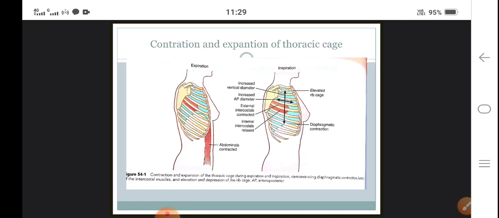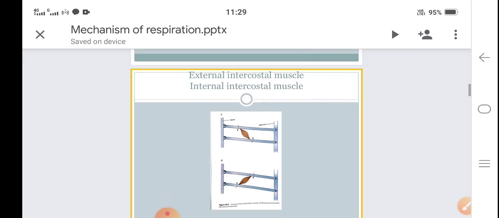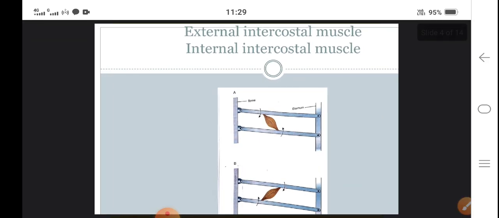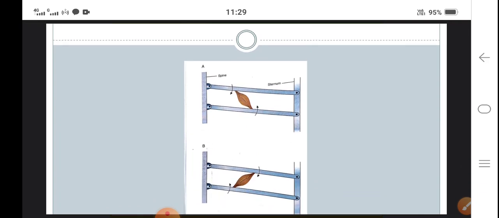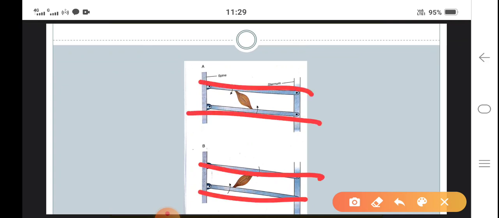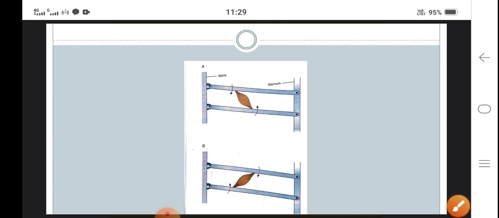So we can go through the next slide. This slide represents the location of the external intercostal muscles and internal intercostal muscles between the ribs. These are the ribs and these are external intercostal muscles. These external intercostal muscles, during contraction, show upward and anterior movement.